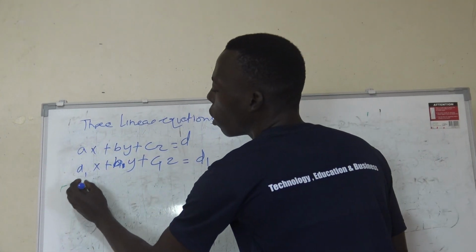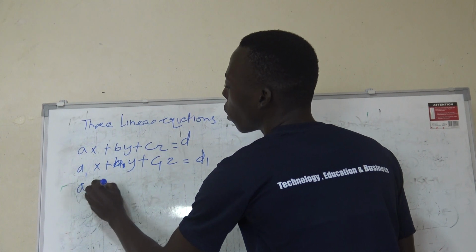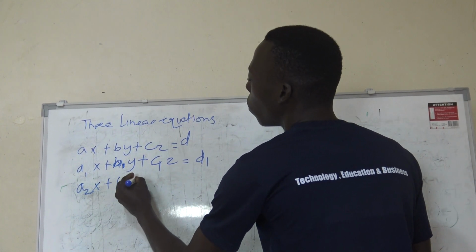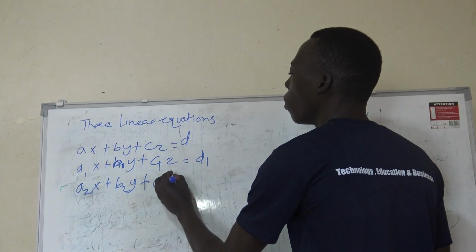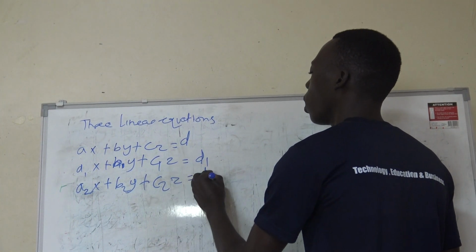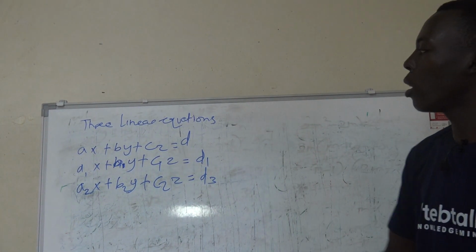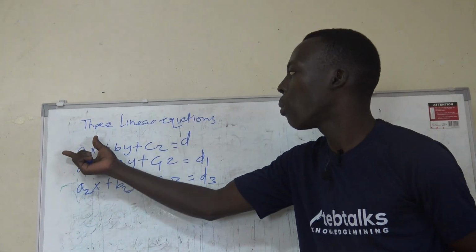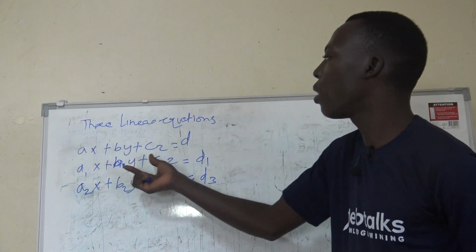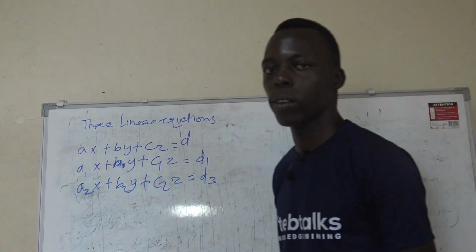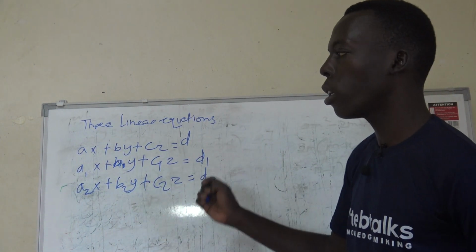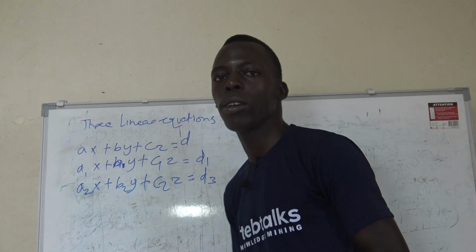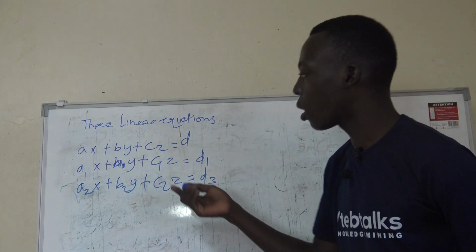And also a2 x plus b2 y plus c2 z equals d2, and so on. So these are the three equations which we are talking about. We are considering that a, b, c, d are constants, and x, y, and z are the variables which we are looking at, so we can calculate them.